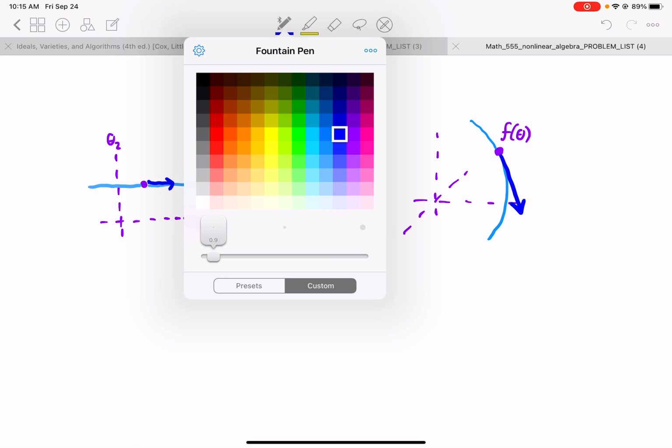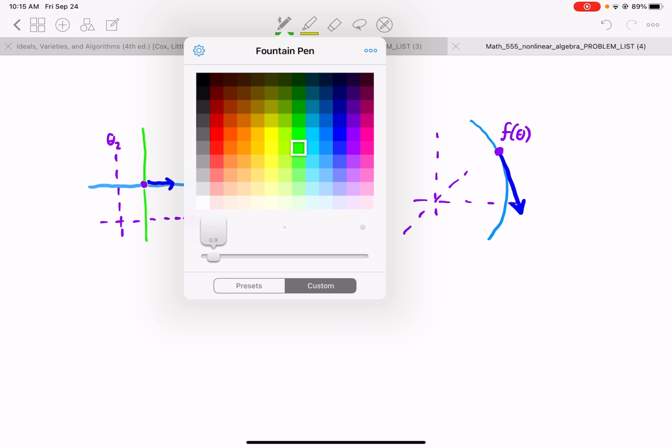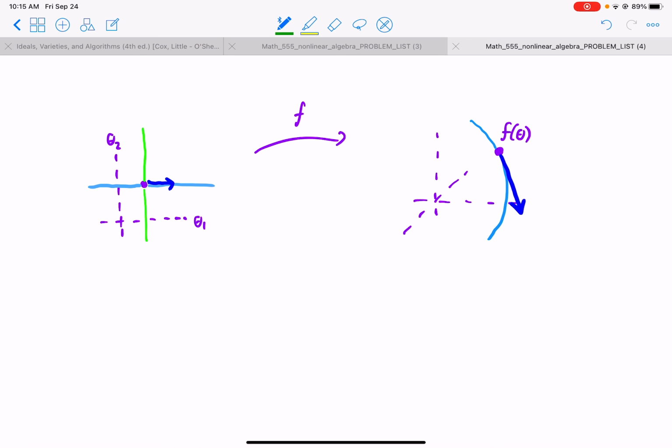We can do the same thing with a different color. If we imagine this green line and we travel with velocity this vector, then it goes maybe this way, with velocity this green vector.